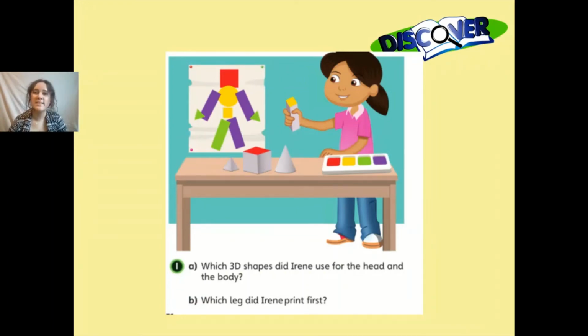Have you done that? Let's see if we can find out together then. If I look at the picture, I can see that the green leg is on top of the purple leg, and the purple leg is a little bit underneath the green leg. That must mean that the purple leg was printed first as the green leg overlaps it.